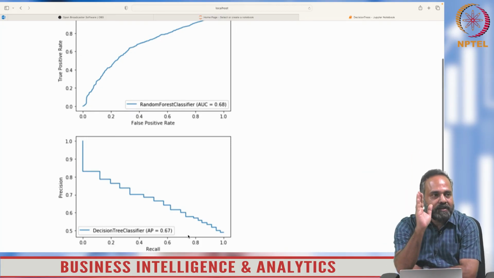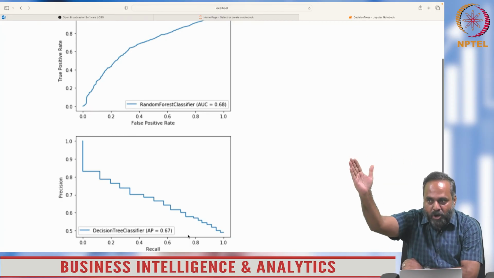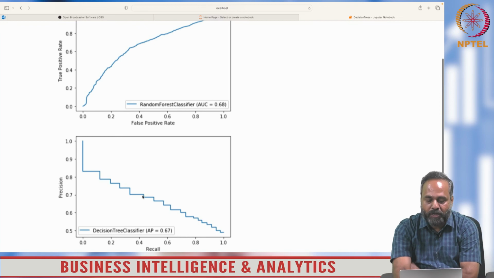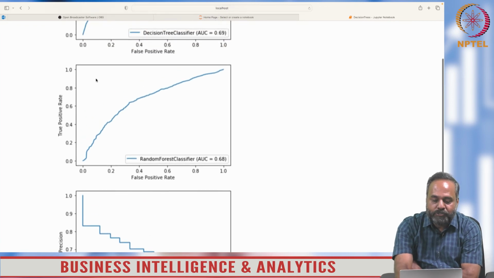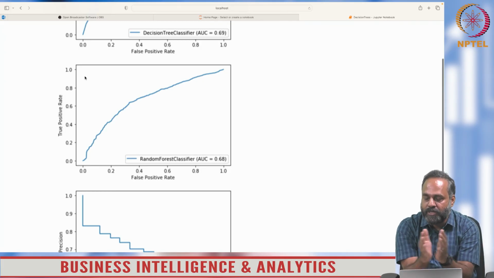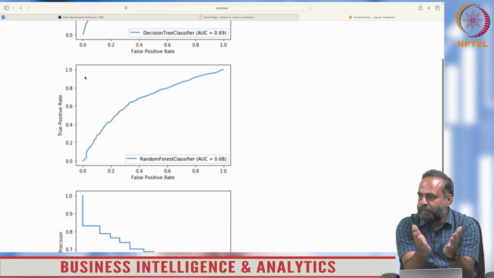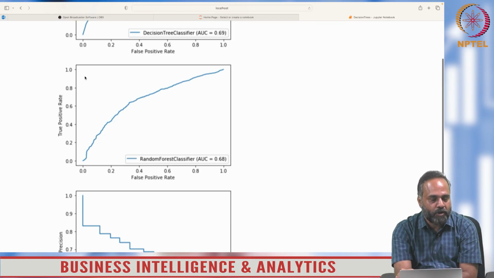Yes, a graph which bulges to the top right is what a precision recall curve should be, whereas a ROC curve should be towards the top left. So as soon as you look at the graph, you know whether the classifier is performing well or not.